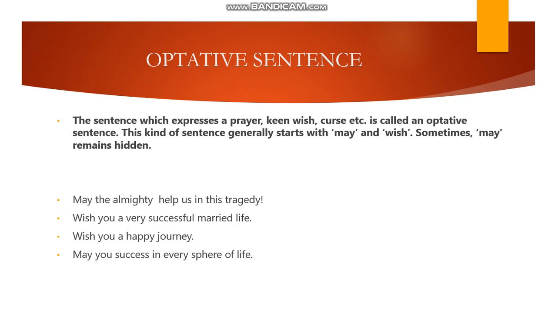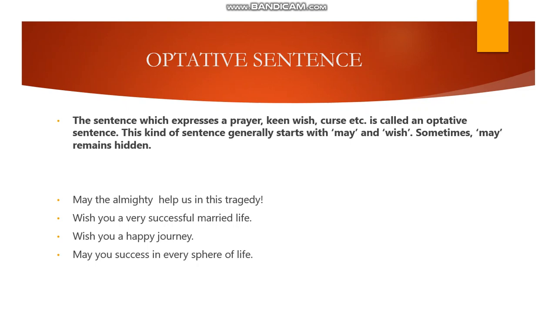Optative sentence. The sentence which expresses a prayer, wish, curse, etc. is called an optative sentence. This kind of sentence generally starts with may and wish. Sometimes may remains hidden. For example, may the Almighty help us in this tragedy.